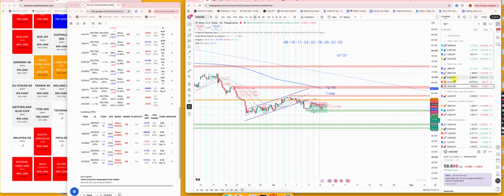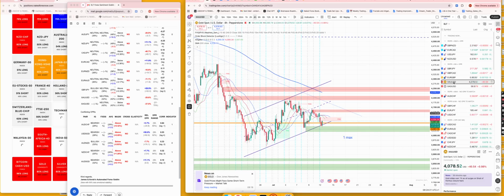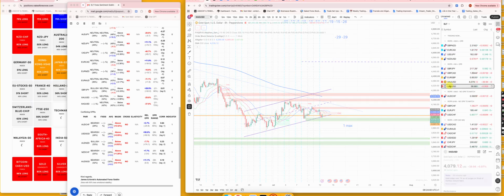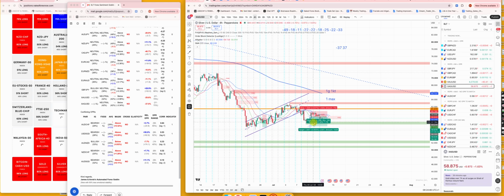So let's just check the 4 hour. Yeah, so it's coming up to the moving average, I think, potentially. So what about that one? Maybe. So maybe that notional trade will fail off this big bounce.